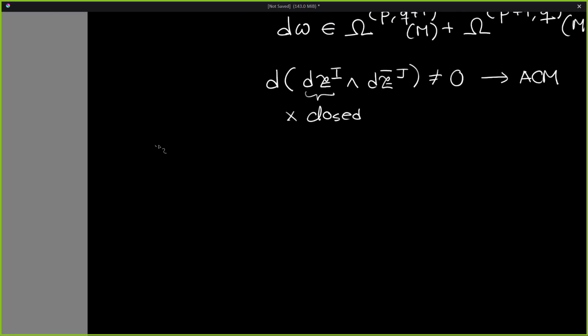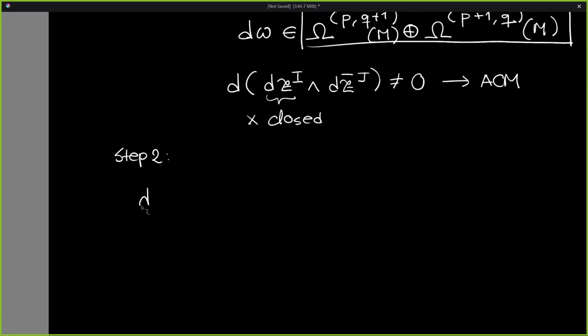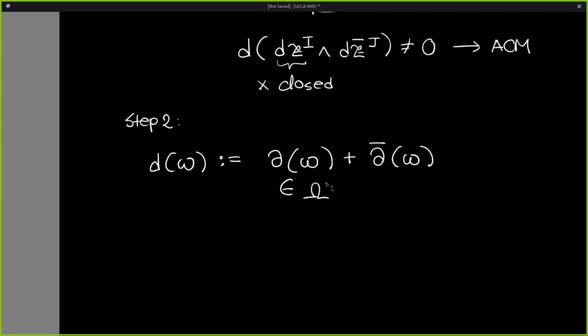Step two of the proof is, because we've so far shown that D is in fact inside this space, that should be a circle plus. It's in fact in this space. So we can say that D of omega is equal to partial of omega plus partial bar of omega, so we define it this way, where this is an element of omega P plus 1 Q, and this is an element of omega P Q plus 1.